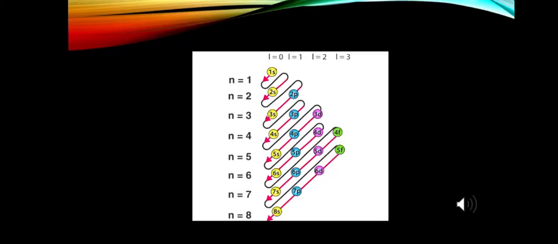The arrow in the diagram clearly shows how we have to move to fill the orbitals. Firstly we fill the 1s orbital, and after that 2s. After that the arrow shows that we have to fill the 2p orbital, and then 3s, 3p, 4s and 3d.